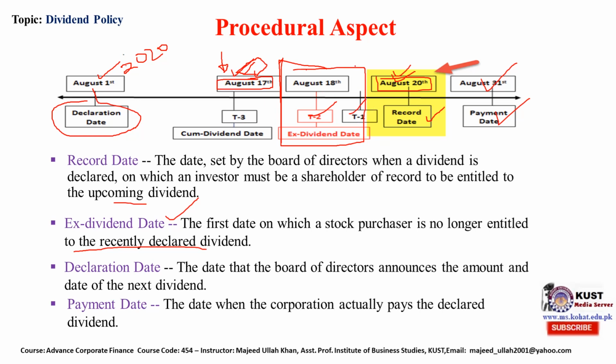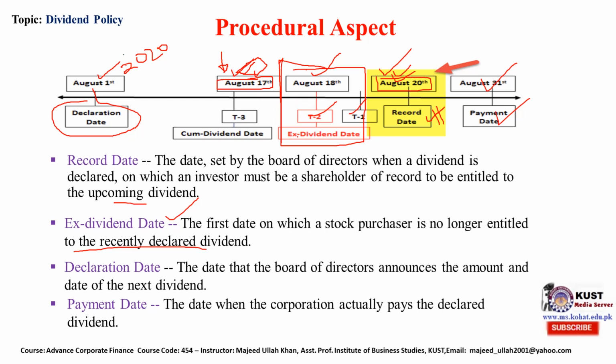Nobody is entitled or allowed to register their name within 2 days of the 20th August record date. So on 20th August, the board of directors will take the record, and whoever is registered in the share register of the company will receive a dividend. So the 2 days before this record date are called ex-dividend.